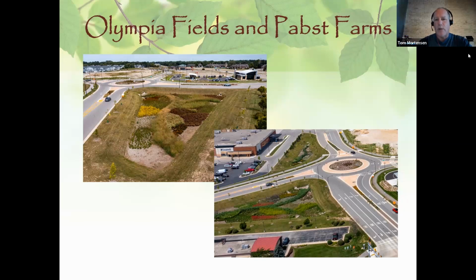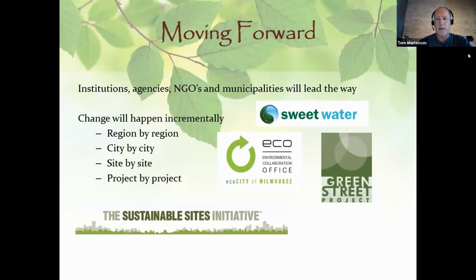And rather than using landscape as an afterthought, I'm brought in very early on these projects to try to implement a strategy with the civil engineer and the municipality on how we can treat the stormwater in a more effective and aesthetic and natural way, other than just ponds and pipes.